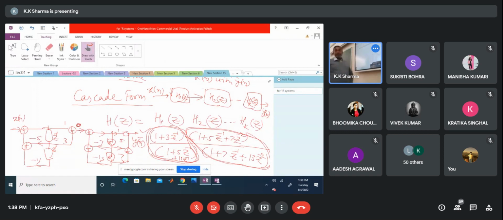Is that clear? Now again, here there will be some liberty or flexibility in choosing one particular factor of the numerator with one factor of the denominator polynomial. It's not always that I need to choose this 1 plus 5 with 1 plus 3. I could have chosen the 1 plus 5z^-1 plus 11z^-2 term with this term.